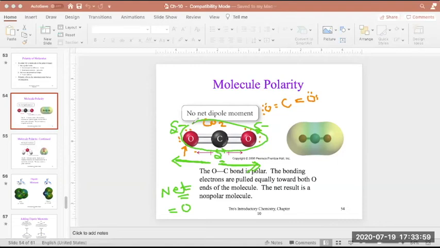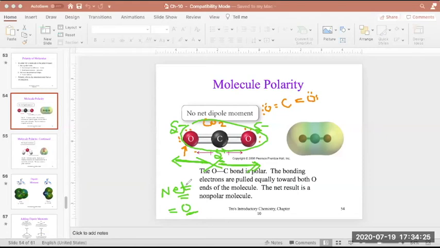Why am I saying this, even though you are seeing a dipole moment going in both directions? Even though there are two dipole moments, they are equal and in opposite directions. So they are going to cancel each other out, and the net result will be zero. You have to learn this small but important thing.